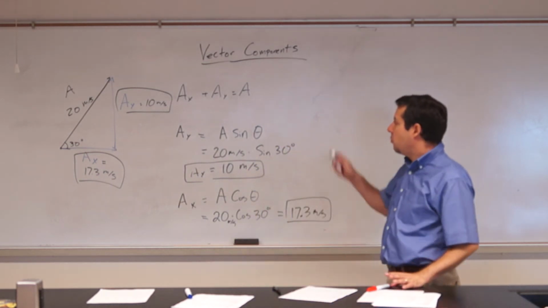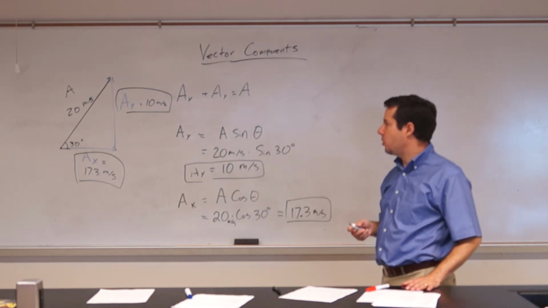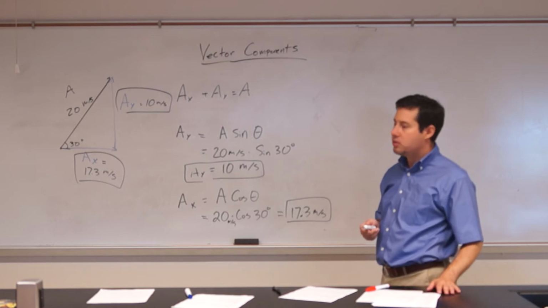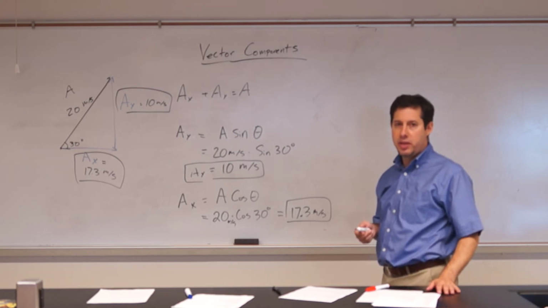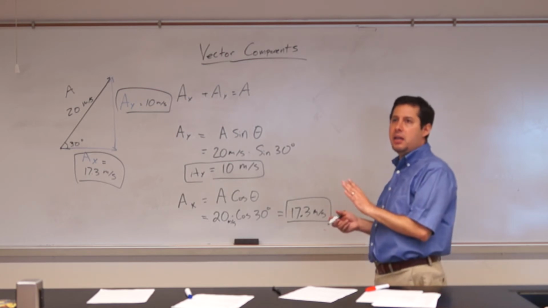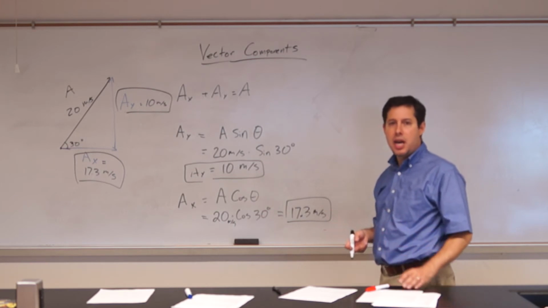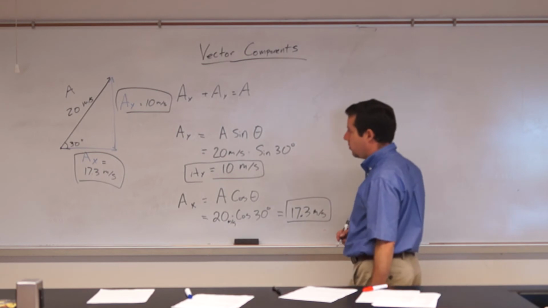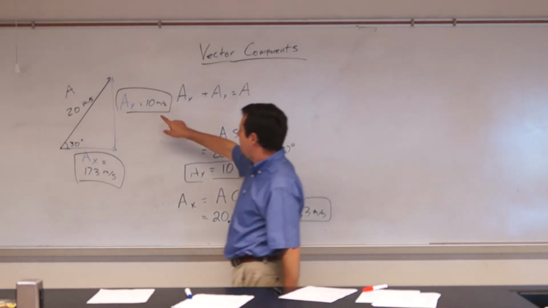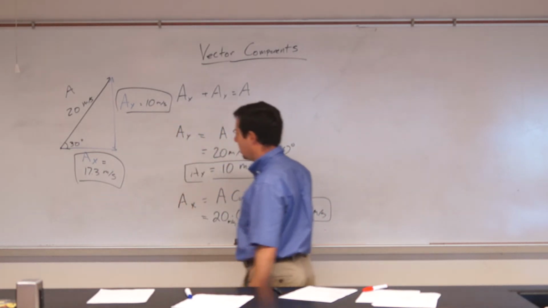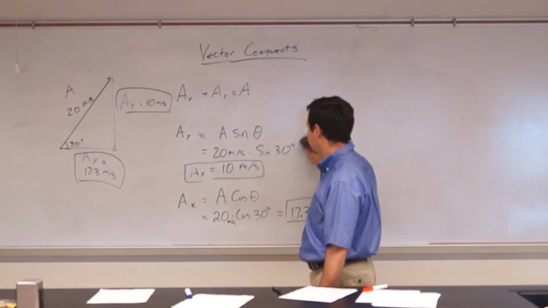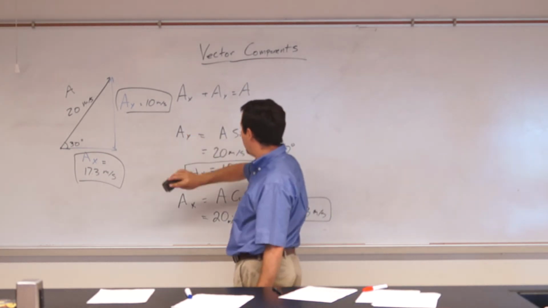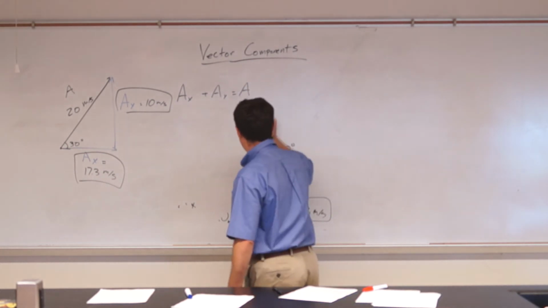So we've broken this down to its two components. And if we want to add together two vectors, one of the easiest ways to do it is to add their components and then reconstruct it. So let's say that's vector A right there. We know vector A is 10 meters per second and 17.3 meters per second. Let's say that we have a vector B now.